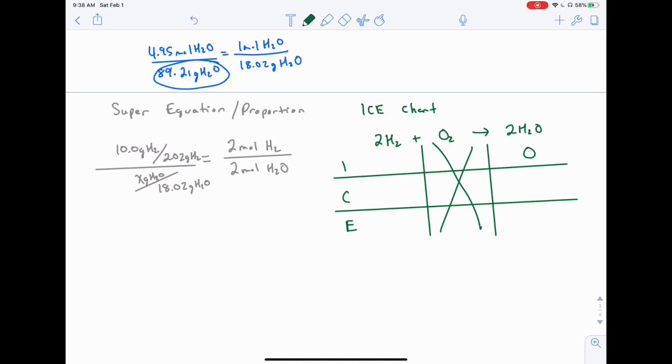What we start with in H2 is 10 grams. If we convert our 10 grams of H2 to moles, we get 4.95 moles of H2.